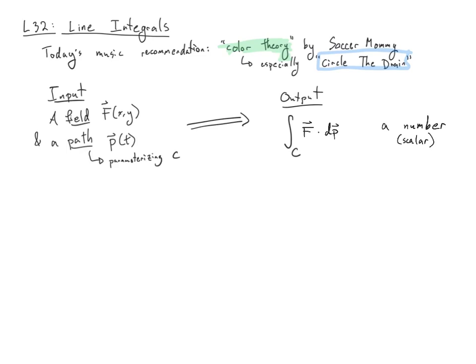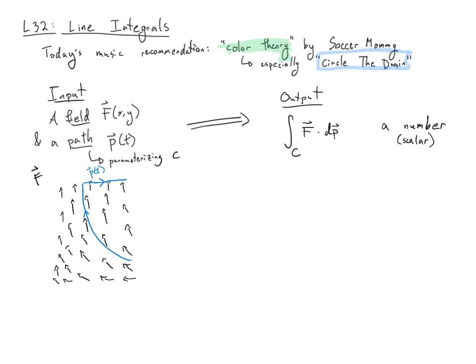And so how do we make sense of what it's doing? Well, let's draw a vector field. Okay, here's a vector field. So here's f. I've drawn a bunch of vectors down to look at what f is doing. And now I'm going to draw a path p. And let's draw that in a different color. Ta-da! There it is. So the blue curve is the curve c. And so it's a curve that starts and stops at different points.